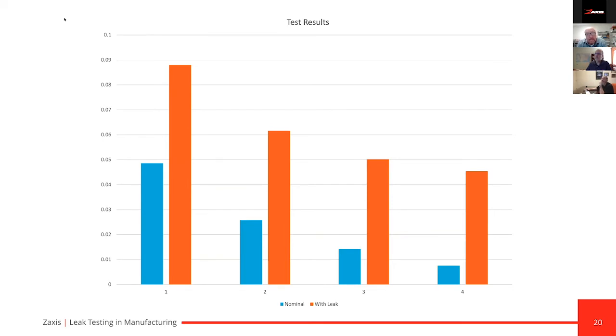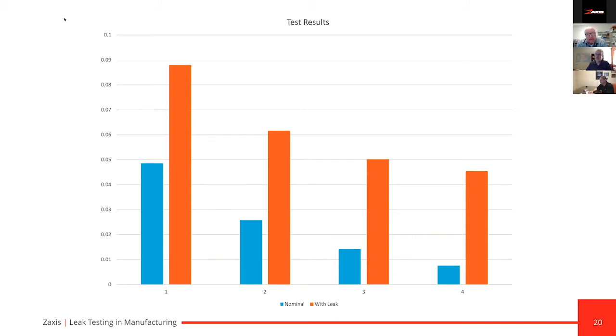But what we've really done here by affecting the fill time is to reduce that thermodynamic or elastomeric creep so that it's nullified to the point where we can really see air leaving the part because of a manufacturing defect and not because of a thermodynamic or compliant change in the part.